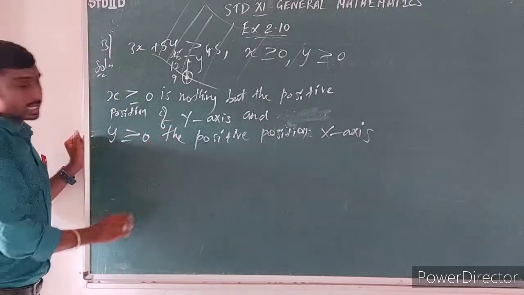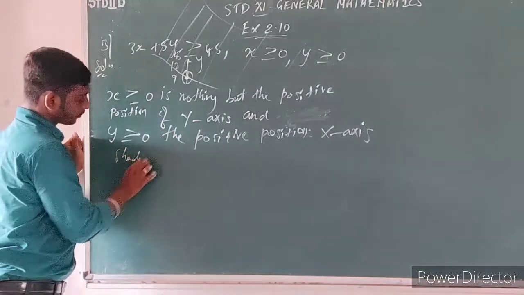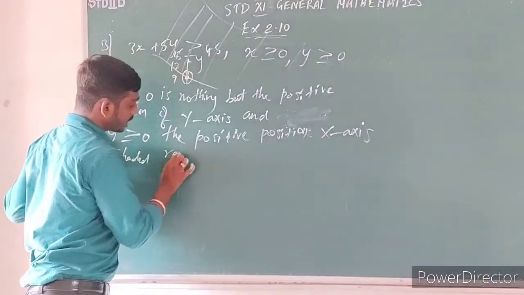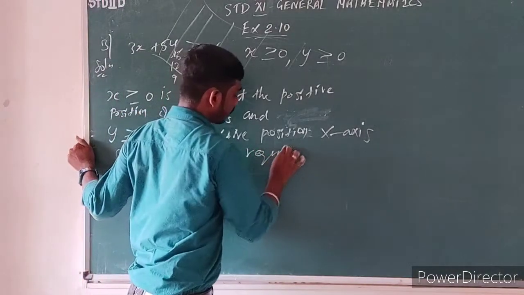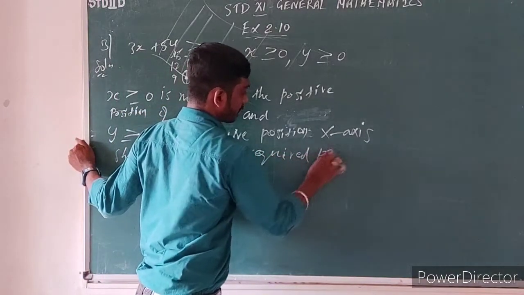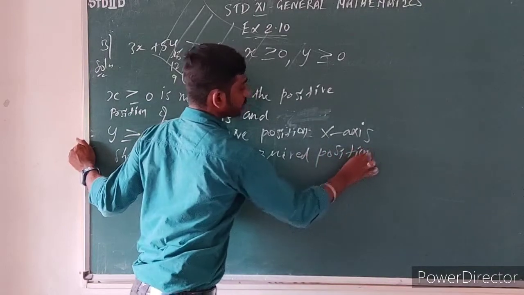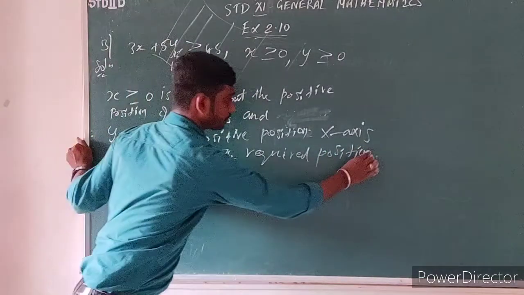So the shaded region is the required position for this sum.